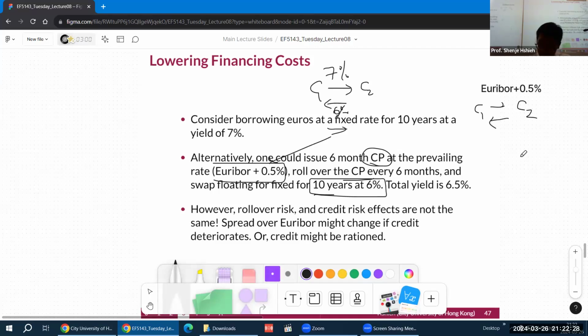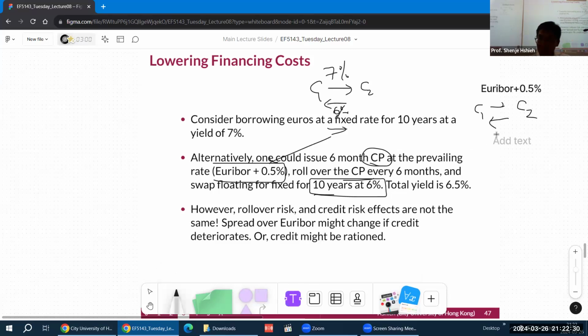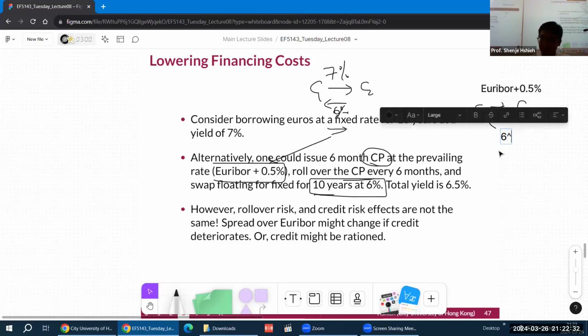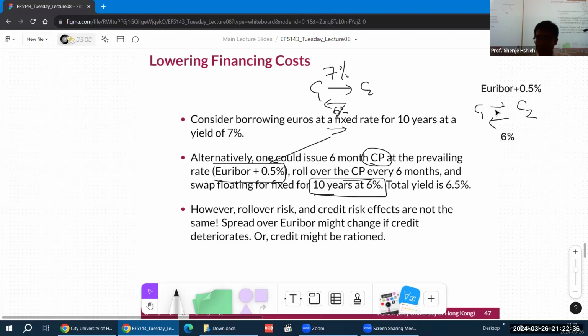You engage in such a way that you get 6%. Over 6 months, swap floating for fixed.